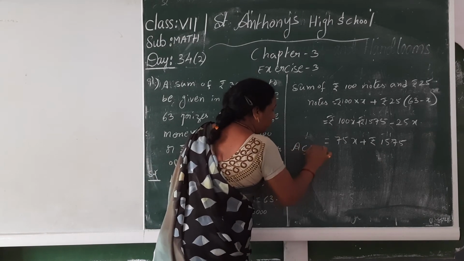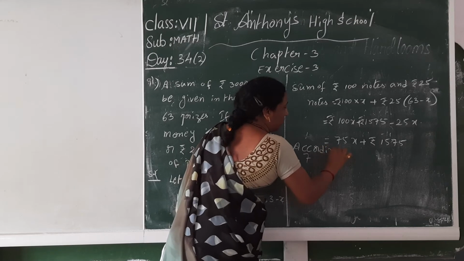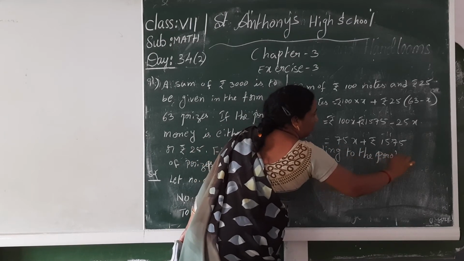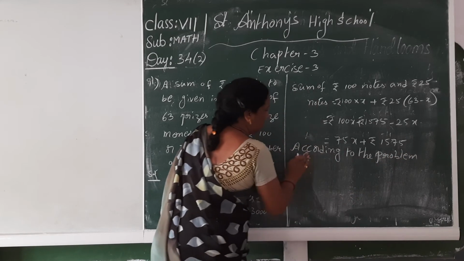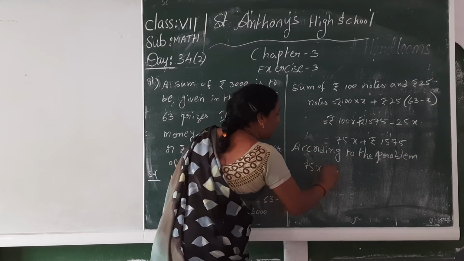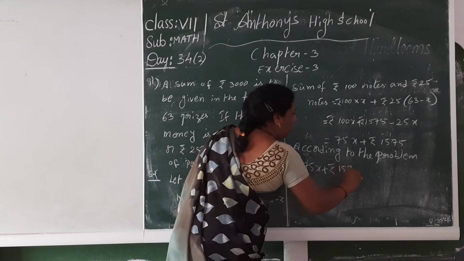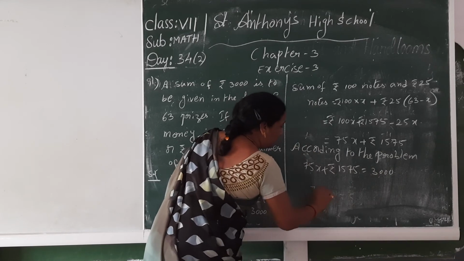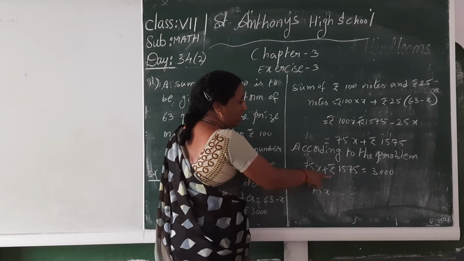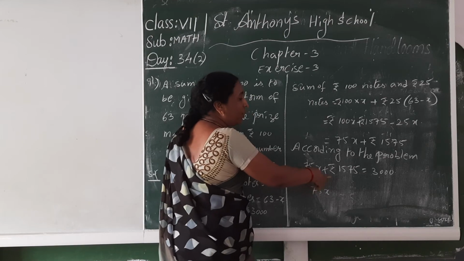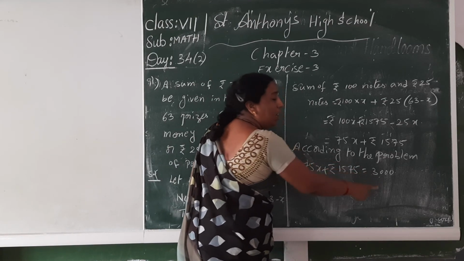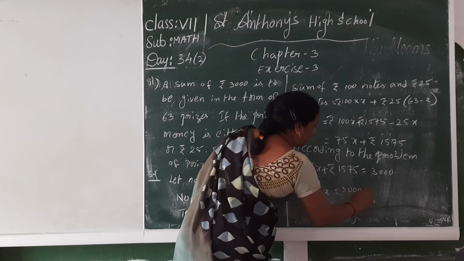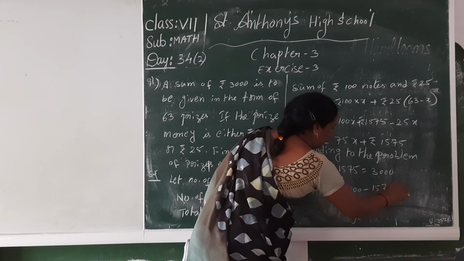Now 75x plus 1575 is equal to 3000. Now 75x is equal to, here plus is there, so by transposition method, whenever you take this to the RHS, it becomes minus. Now 3000 minus 1575.